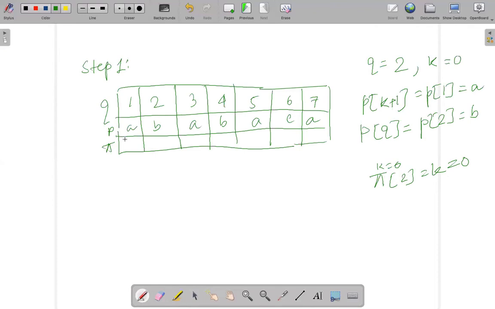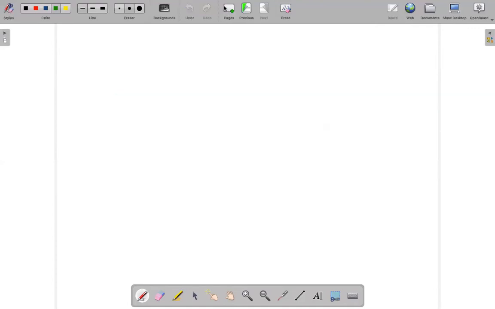So now after this step, you have pi 2 as 0. Okay. So here your q is 2, k is 0, pi 2 is 0. Fine. Next step. Step 2.